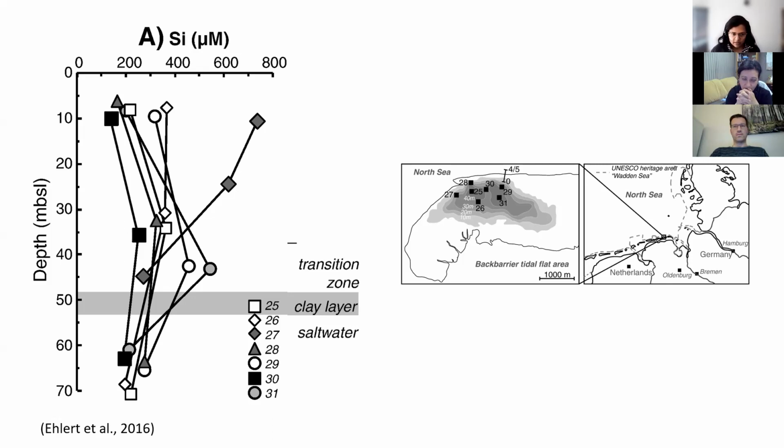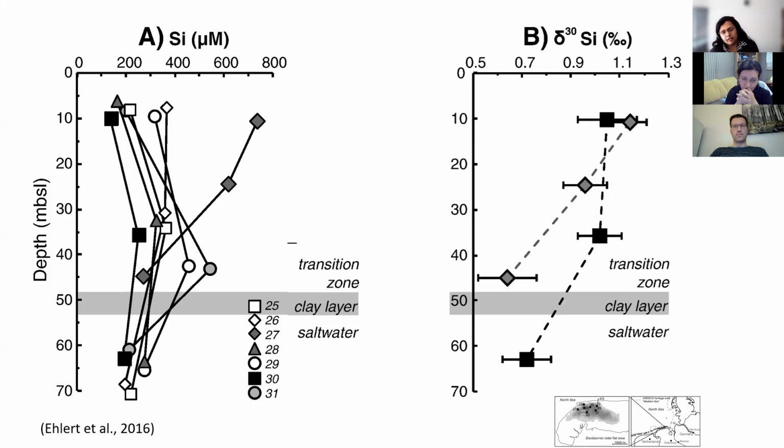So here are their study sites, and here are these pore water profiles of dissolved silicon. Got a transition zone, a clay layer, salt water lying underneath. So what are the DSi values, or the delta silicon 30 values? They range from about 0.5 per mil to about 1.1 per mil. Now recall what was in that synthesis. The average, they were taking it as 0.2 per mil.